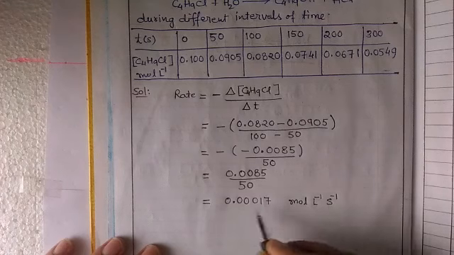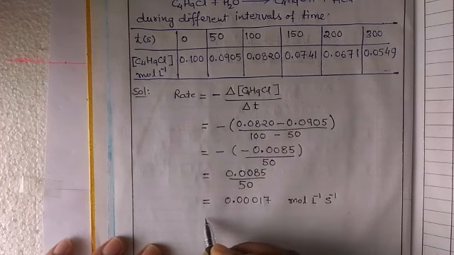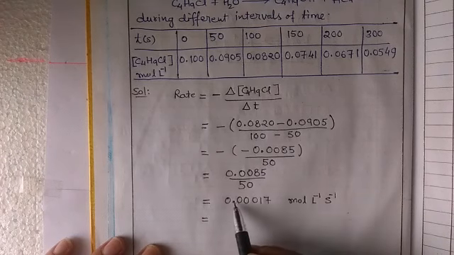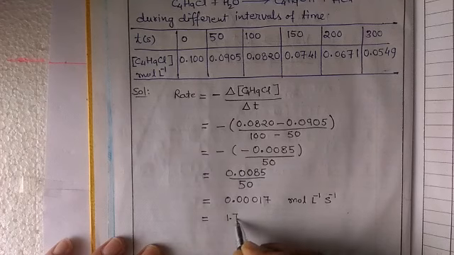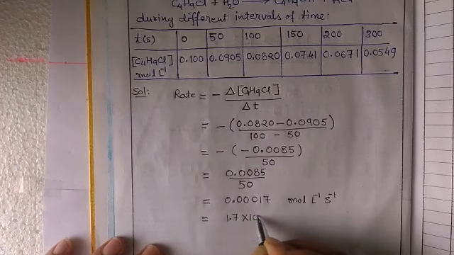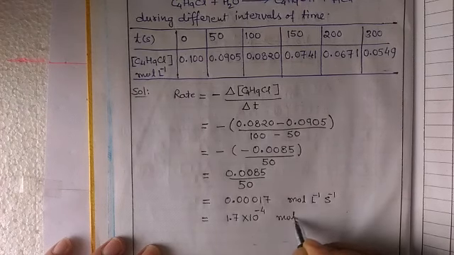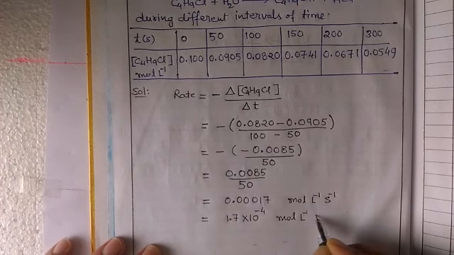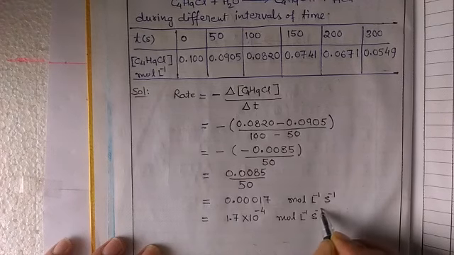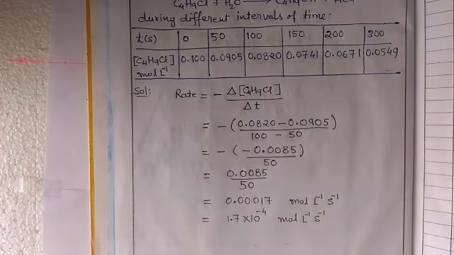So this is what we are going to note down, but it can be turned into scientific notation. For this, let's shift this decimal over here. It will now become 1.7 into 10 raised to the power minus 4 mole per liter per second. This is how these values are calculated.